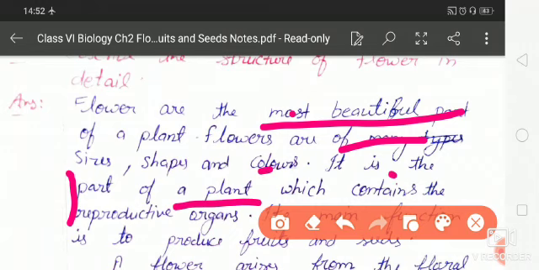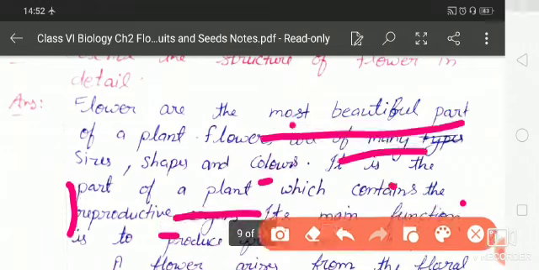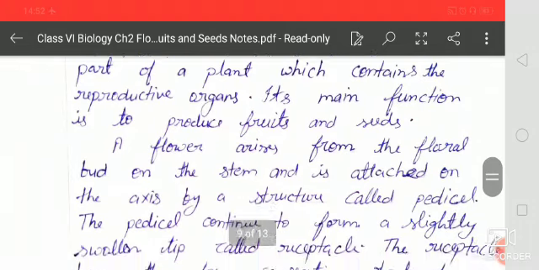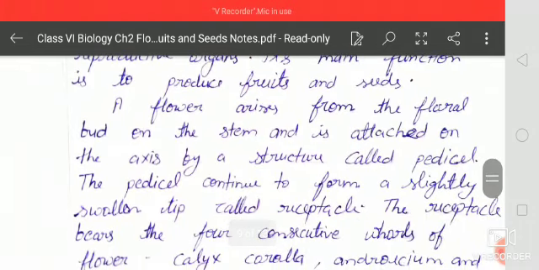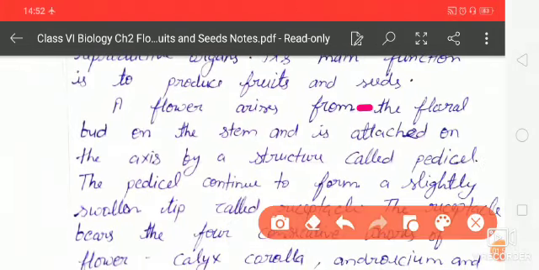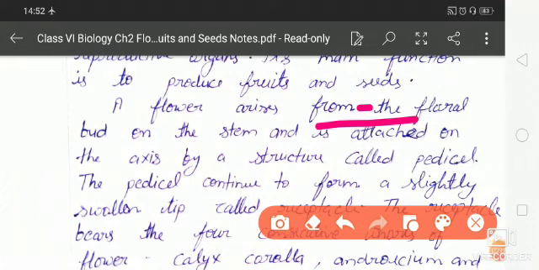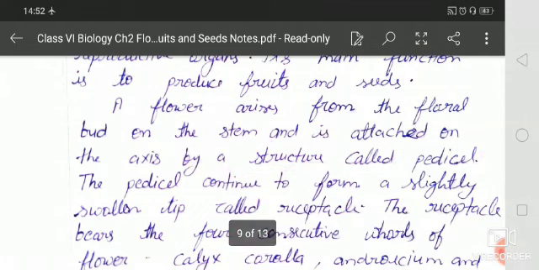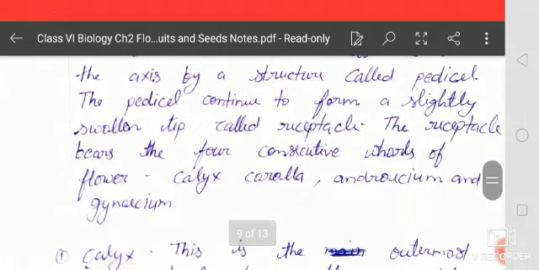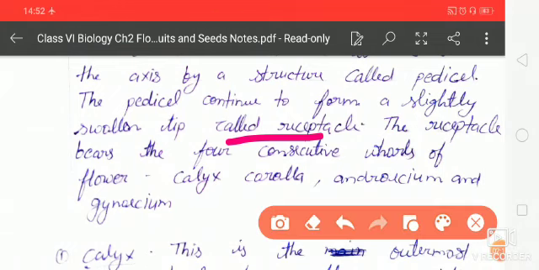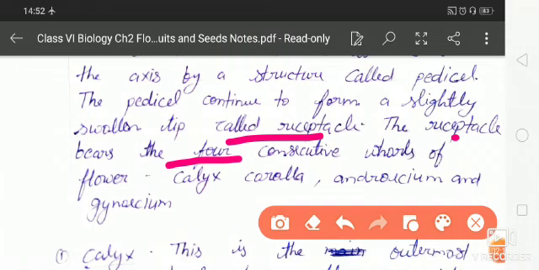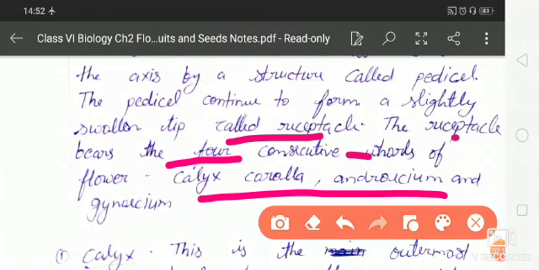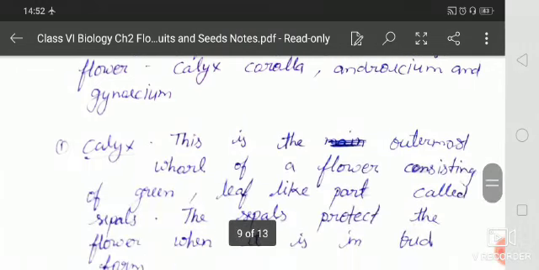It is the part of the plant which contains the reproductive organs. Its main function is to produce fruits and seeds. A flower arises from the floral bud on the stem and it is attached to the axis by a structure called the pedicel. The pedicel continues to form a slightly swollen tip that is called the receptacle, and the receptacle bears the four consecutive whorls: calyx, corolla, androecium and gynoecium.